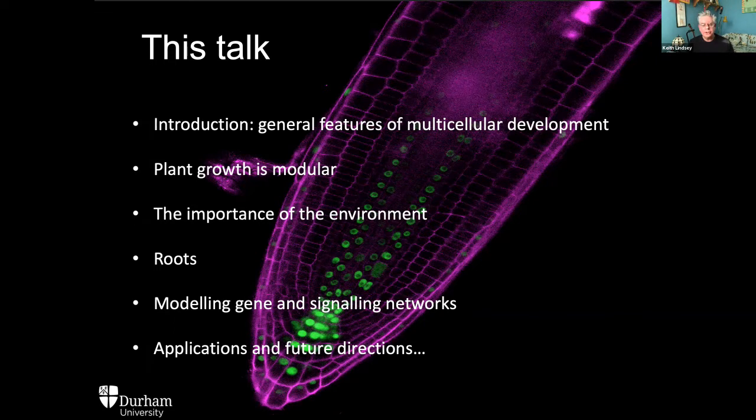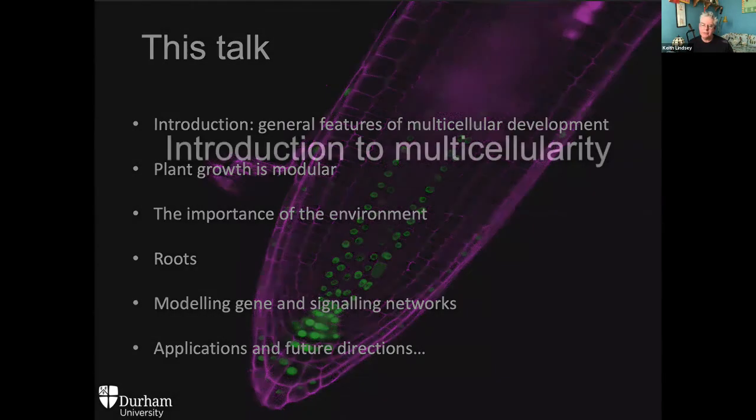But I will introduce some of the experimental approaches that we use, and that includes use of mathematical modeling. This is a more recent kind of approach to understand the gene and signaling networks that control the activity of particular cells that are involved in cell division in roots, and then finish off with some applications of these ideas and where things are moving in the future.